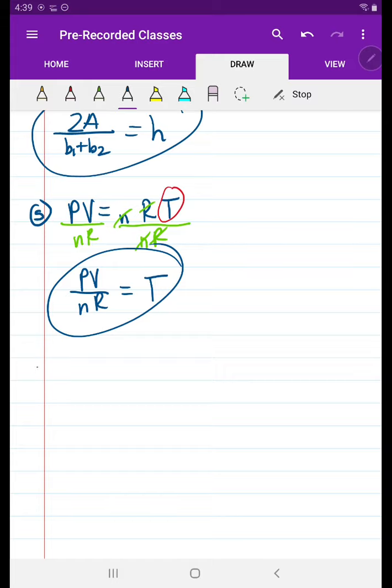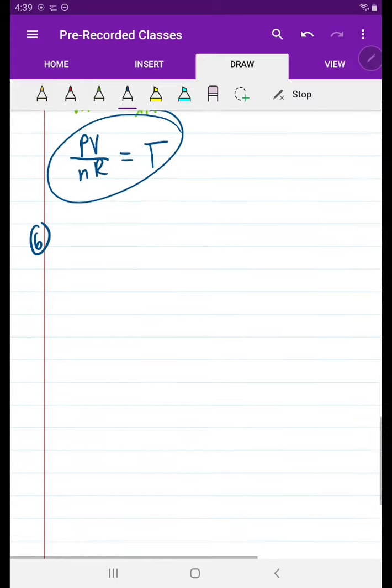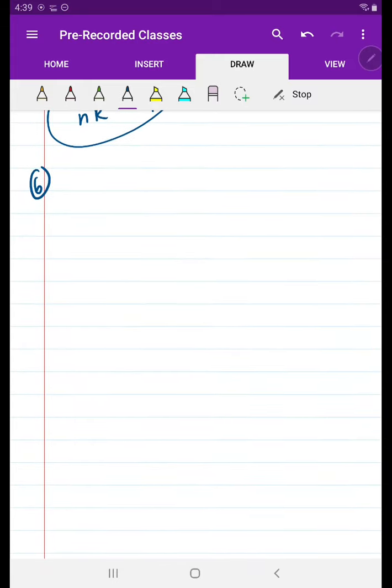All right, number 6. For number 6, we have I equals 1 over R times V, and we have to get R by itself. Now this might look kind of crazy, so I'm just going to simplify and consolidate some things and turn this into one fraction on either side of the equal sign.